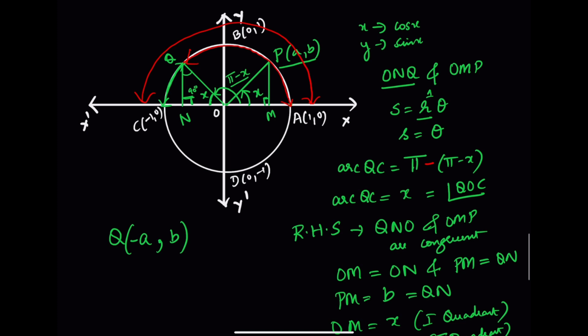So basically the cosine value would be negative and the sine value would be positive.